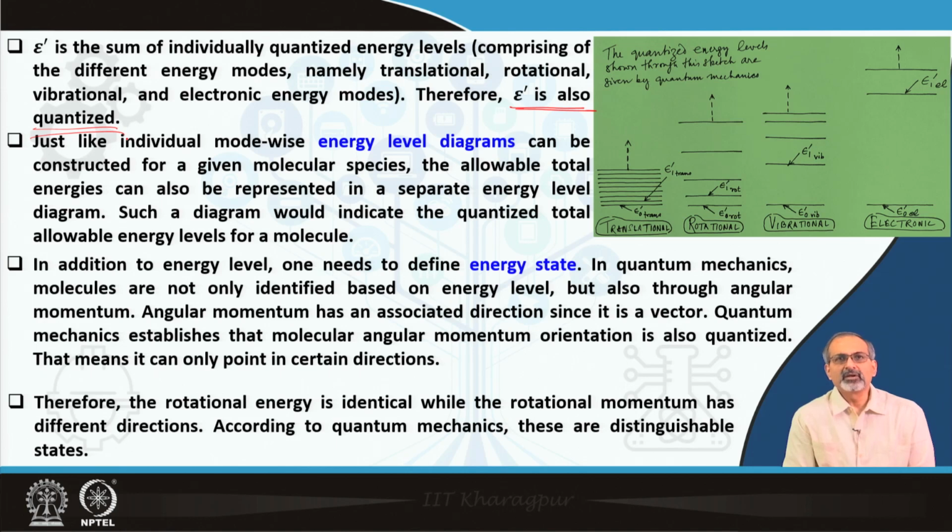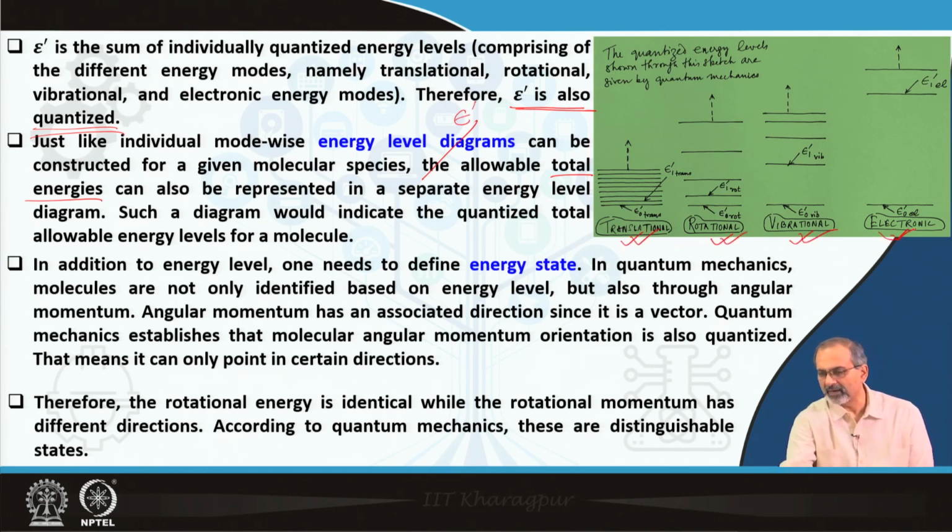Just like individual mode-wise energy level diagrams can be constructed for a given molecular species, the allowable total energies can also be represented in a separate energy level diagram. So, we can have an energy level diagram for epsilon dash like we had for the individual energy modes.